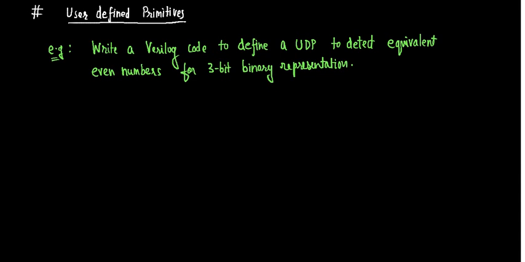Write here primitive, name, event detector, semicolon. Now you need to specify the output and inputs: y, a, b. Inputs are a comma b, output y.